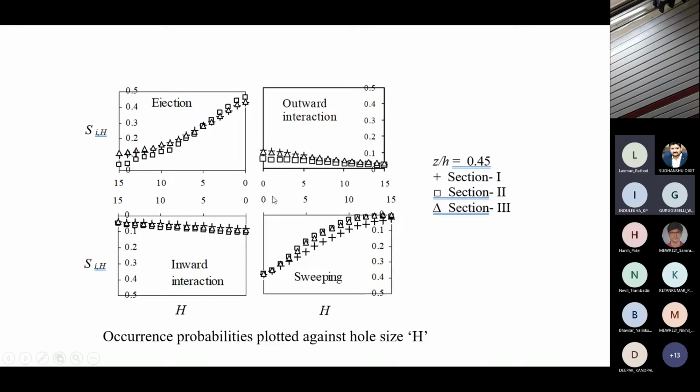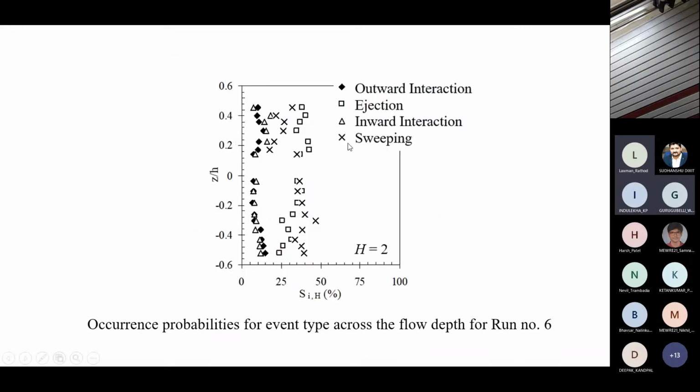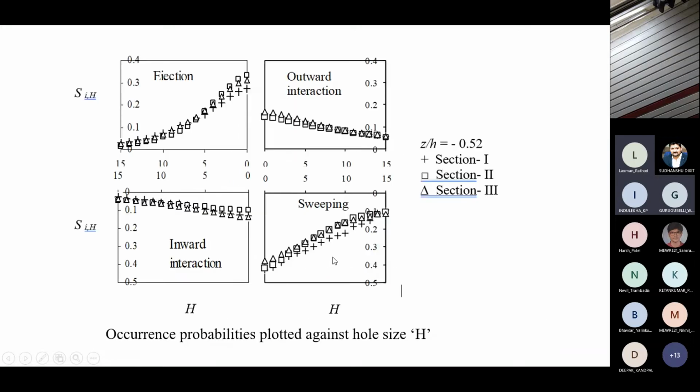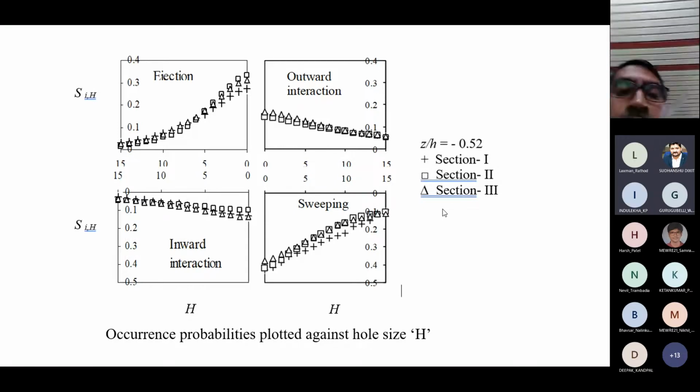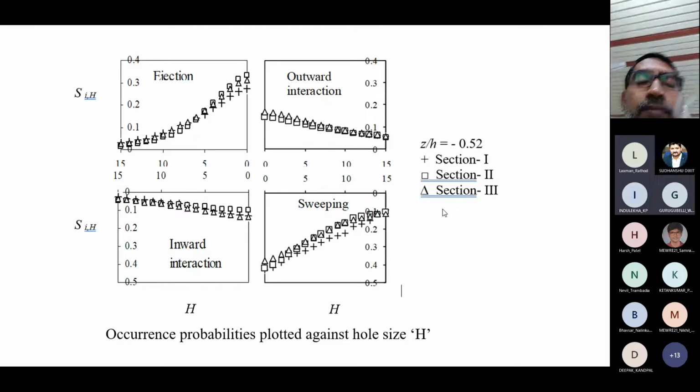The initial plot I showed was for one H value, H equals 2, giving the occurrence probability of all 4 events. But if you run your program for variation in H from 0 to 15 and calculate the occurrence probability of all 4 events, then on the y-axis you have occurrence probability, and on the x-axis you have hole size. That is the answer to this question.